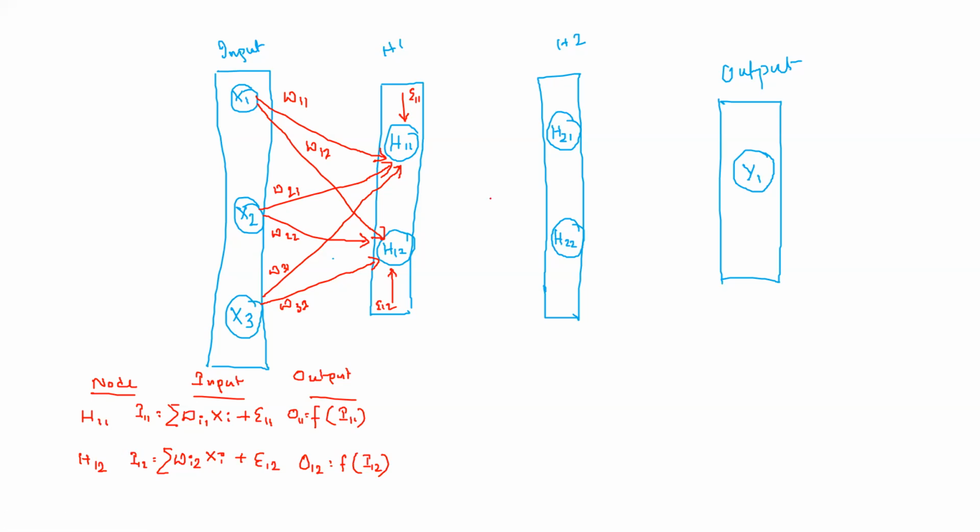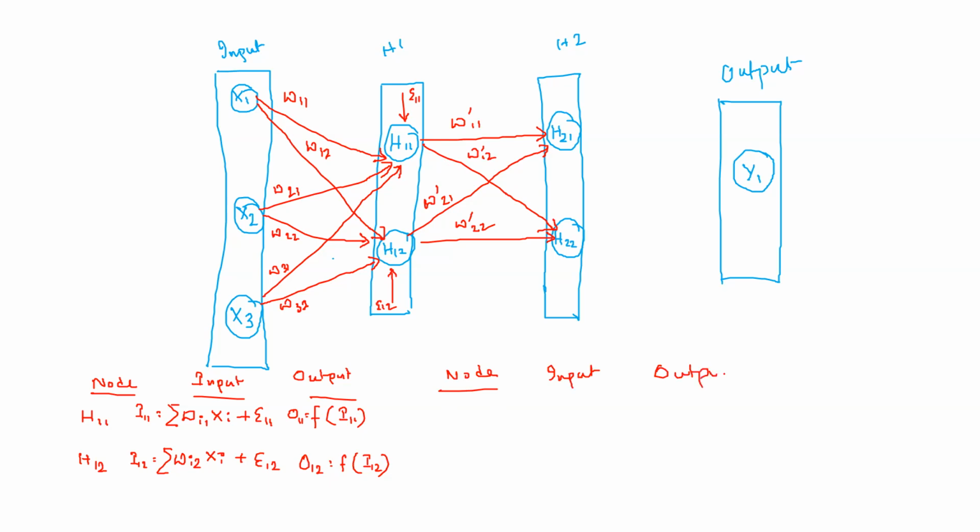Now then what? Then again, this goes here. This goes here. And like this. So let's say I write W dash 11, W dash 12, W dash 21, and W dash 22. So then what will be the node input and output of H21?